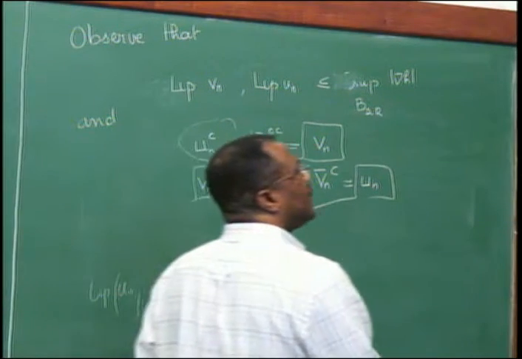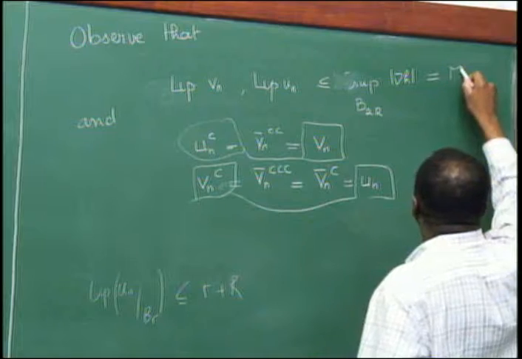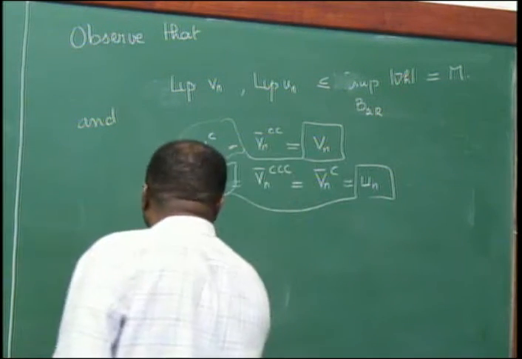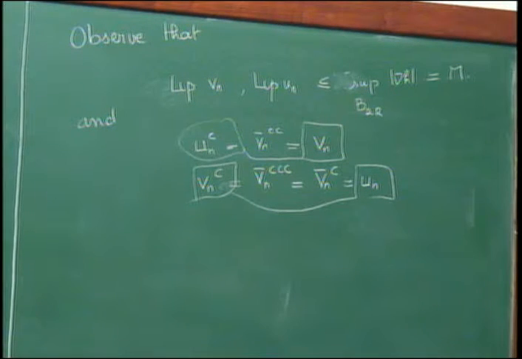So call that M. Okay. So we have that the Lipschitz constants of my functions are uniformly bounded. Now, take the function un equal to n, the constant n.